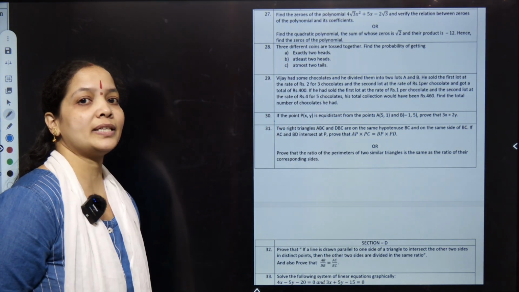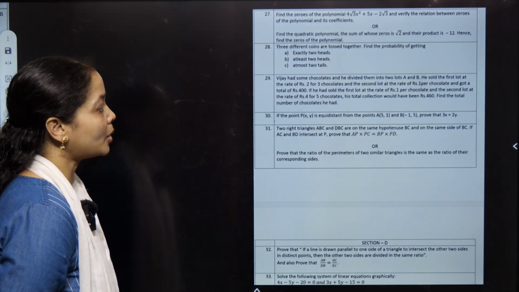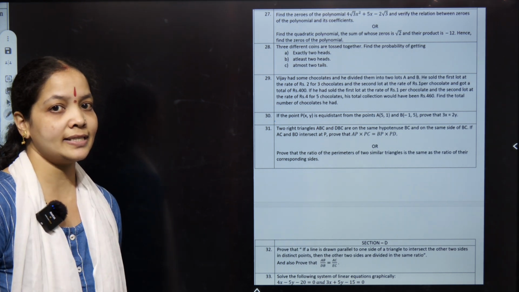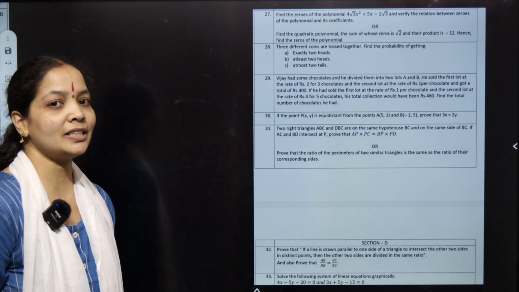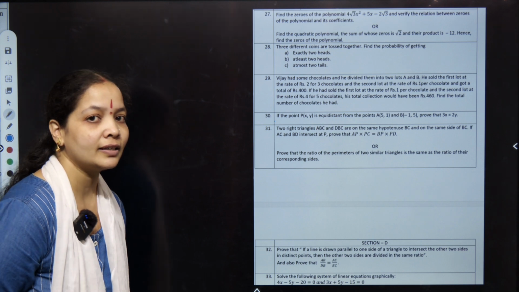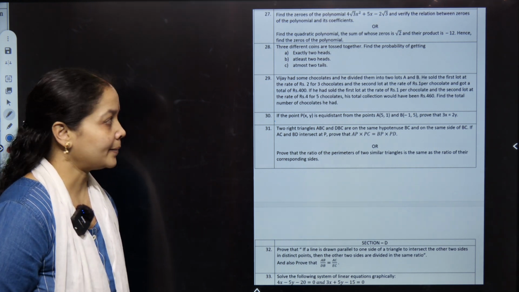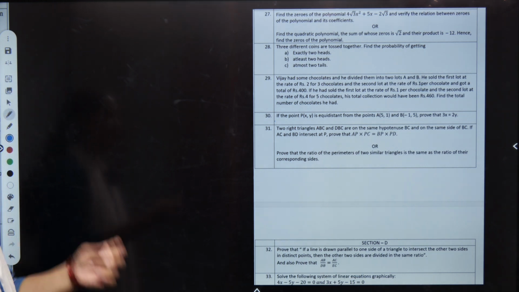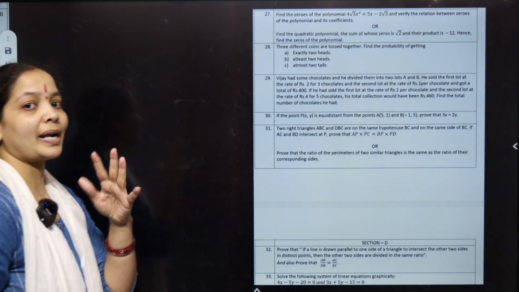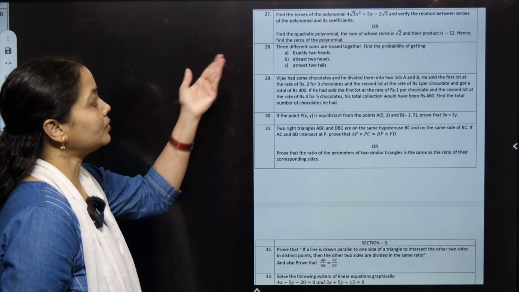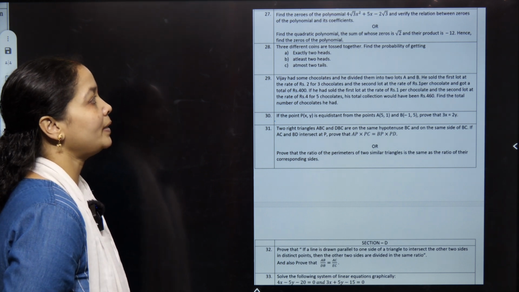If I look at the question paper, the weightage of probability and coordinate geometry is high. So make sure, students, it's an easy chapter, you are not leaving those chapters and concentrate on the concepts there. Probability is a very easy, practical based chapter. So moving to the 28th question, let us see what is to be done.